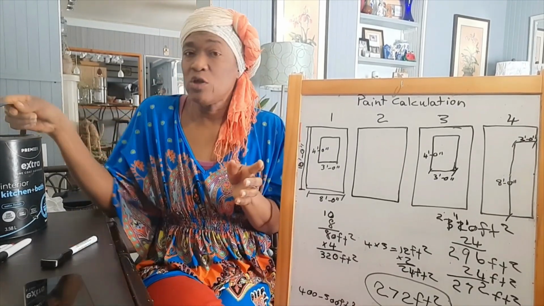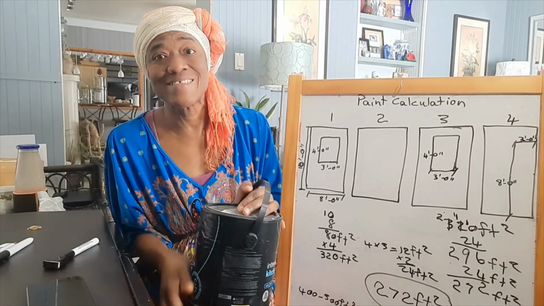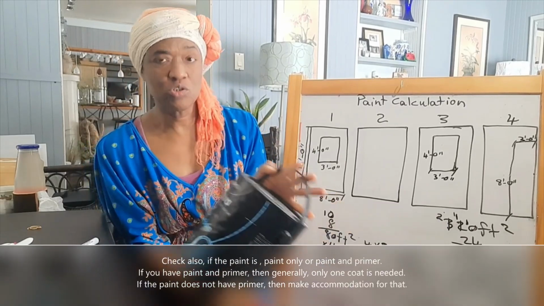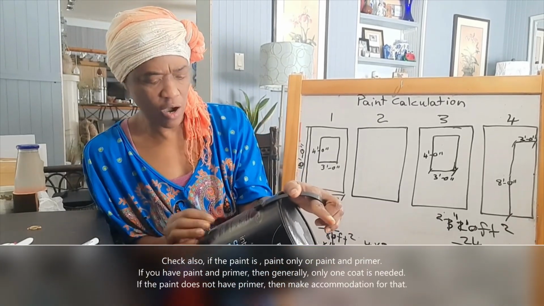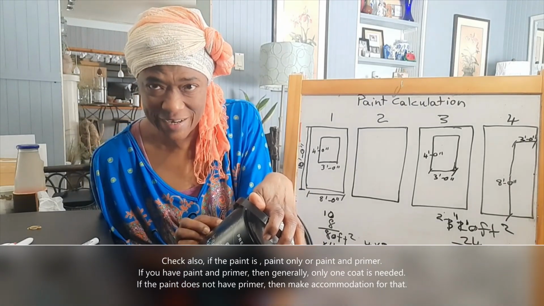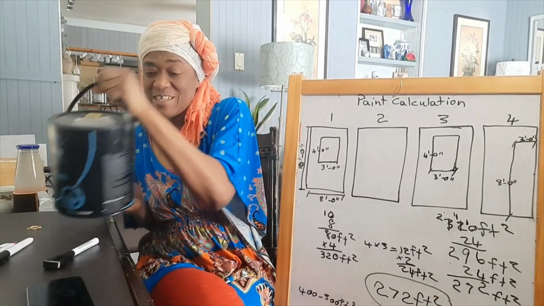Usually, when you go to buy your paint, the cans will come with the coverage of the paint. Therefore, what you do is check for your coverage. 400 to 500 square feet. So we only need 1 of this paint.